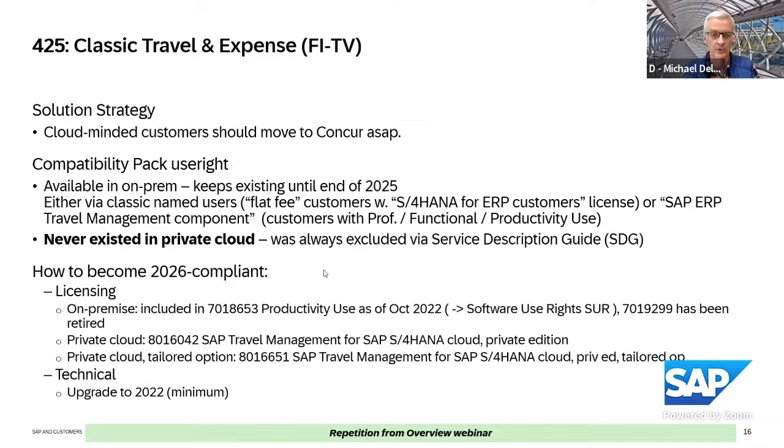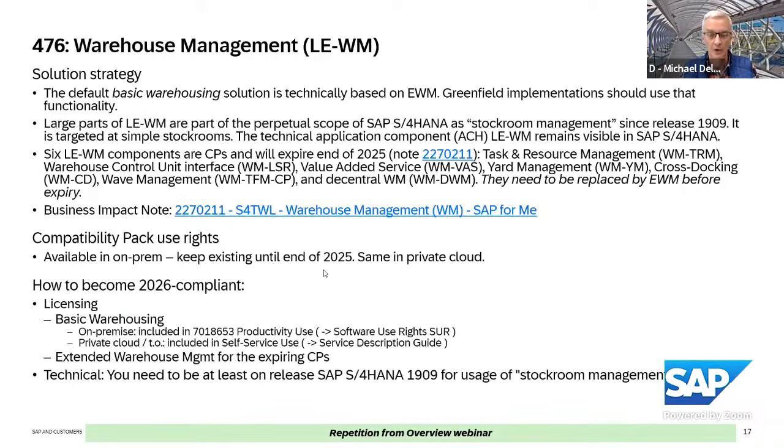So you can also use that in private cloud, both in packaged and in tailored option, where it didn't exist right from the start, but this is all covered. And next slide, please. Here again, please be aware of the connection between the release and the compliance.